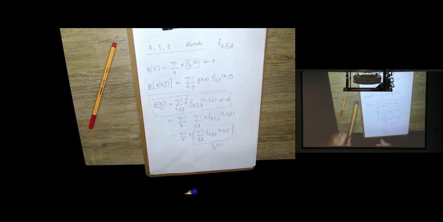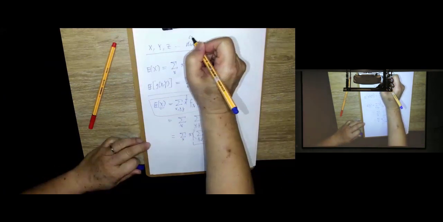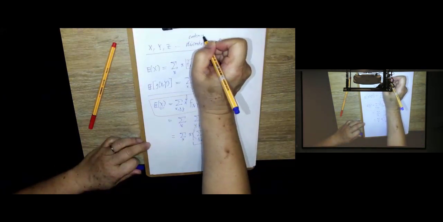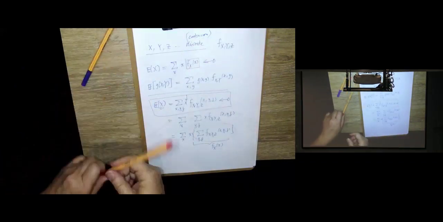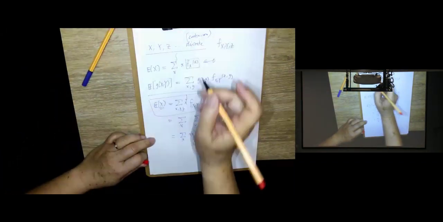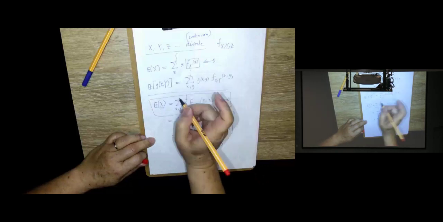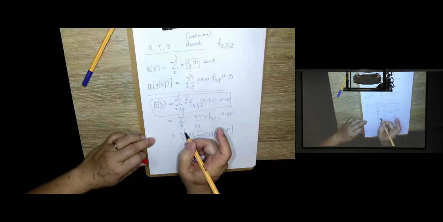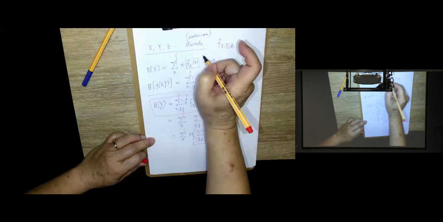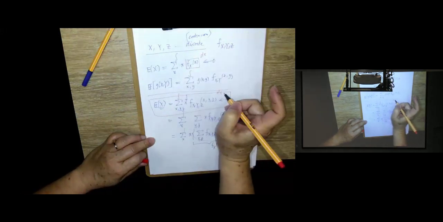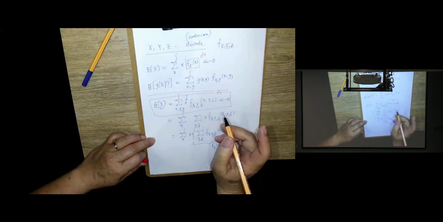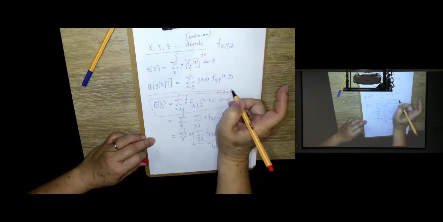Now, if I were to change this to continuous, the only change is in the integration. So you just change everything here. And of course, the integration always comes with a pair, the integral and the differential. And here you will have dx, dy, dz.